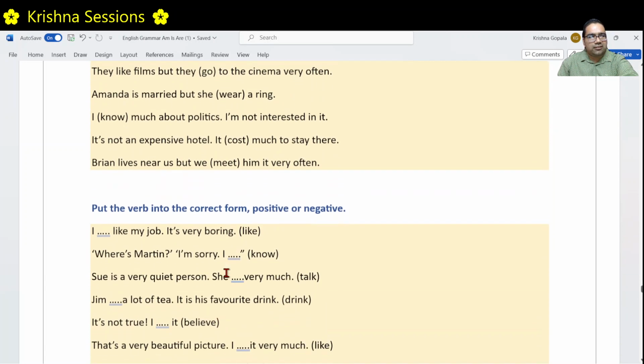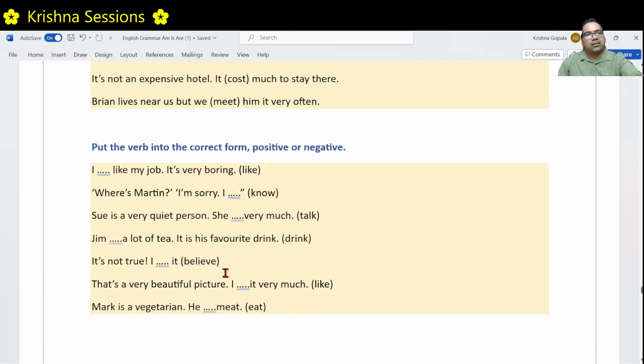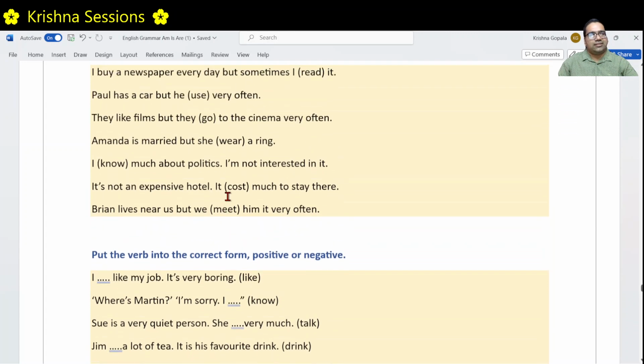In the third set, you have to read the statement and understand, by looking at the statement, whether it should be a positive or negative statement, and use either do not or does not, or if it is positive, directly use the verb in the correct form. These are the three exercises.